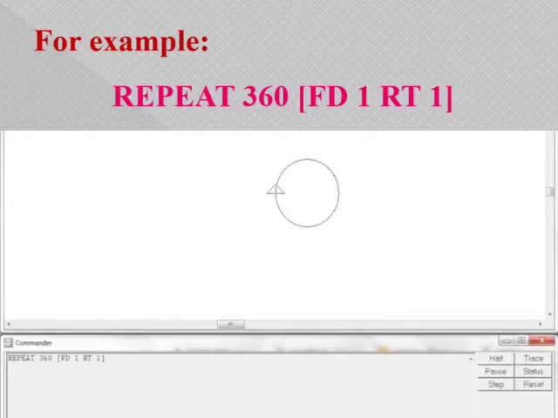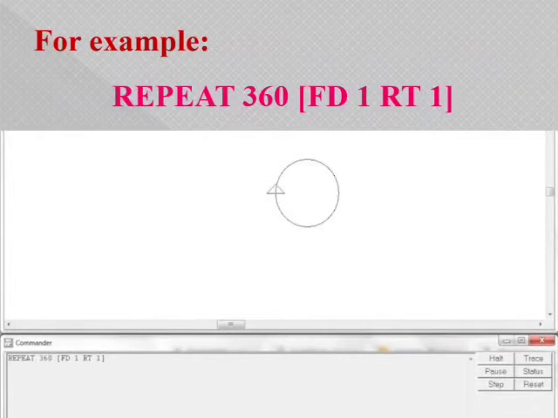In the above example, the turtle moves forward by 1 unit and then turns 1 unit to the right. This process continues for 360 times. In all, the turtle turns by 360 units.